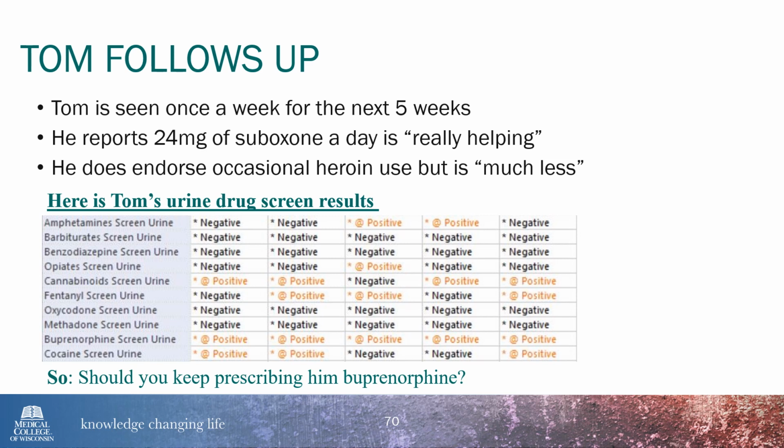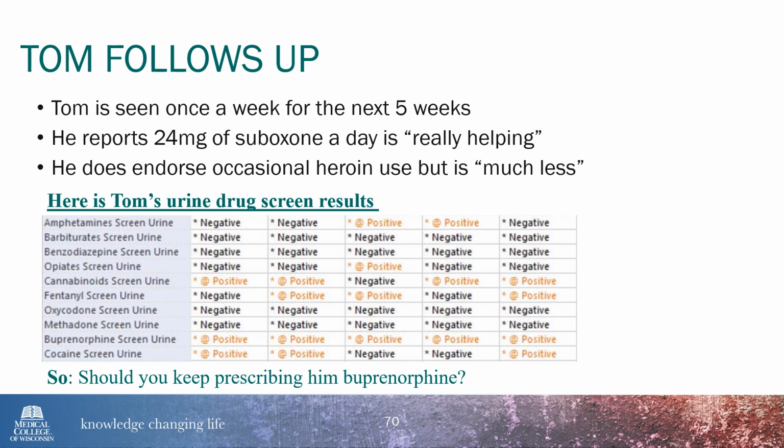But unfortunately, his urine results over the last 5 weeks tell a bit of a different story. What we see is, yes, his buprenorphine screen has been positive all 5 of those times, so that seems like a positive result. We see him intermittently positive for cannabis, for cocaine, for opiates, and for amphetamines.